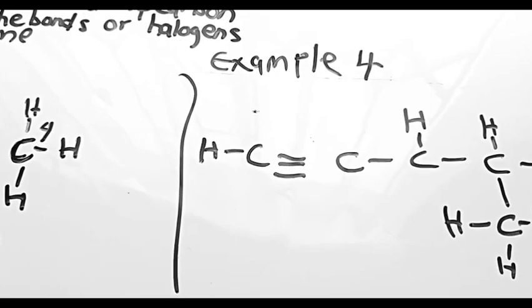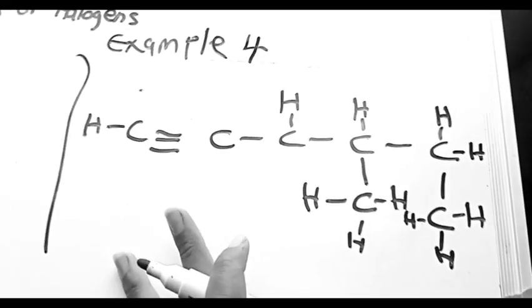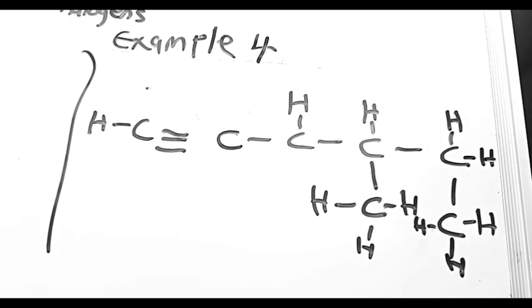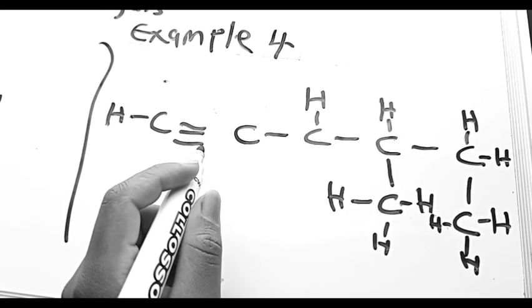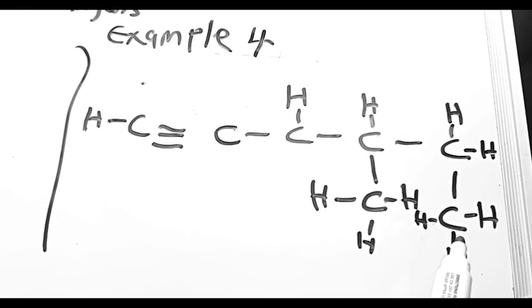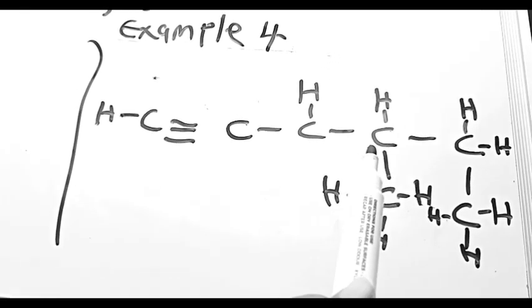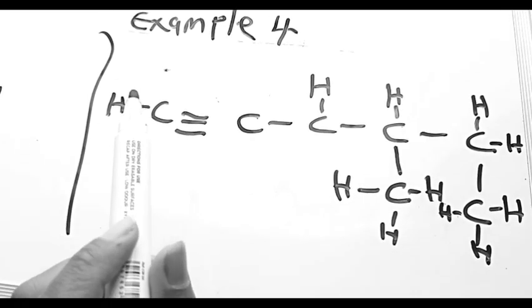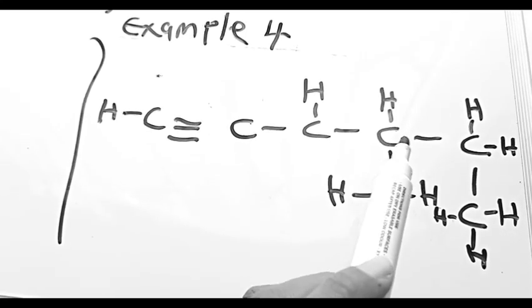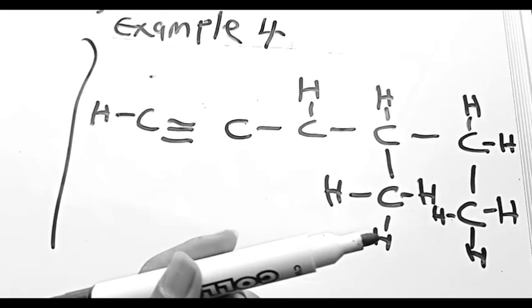So the fourth example, it's not so long, it's not so complicated, but it's doable. We have to find the longest main chain. 1, 2, 3, 4, 5, 6. Right? Okay. 1, 2, 3, 4, 5. 1, 2, 3, 4, 5, 6. So our longest main chain is 6.